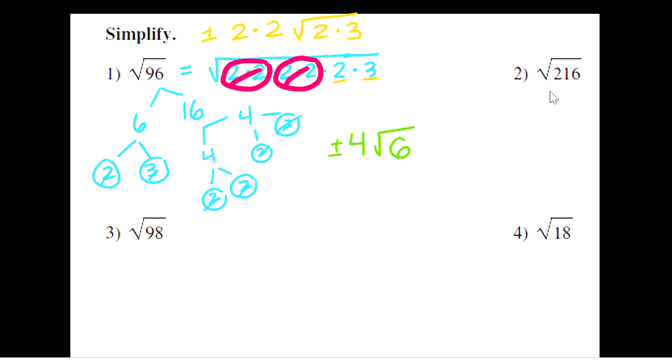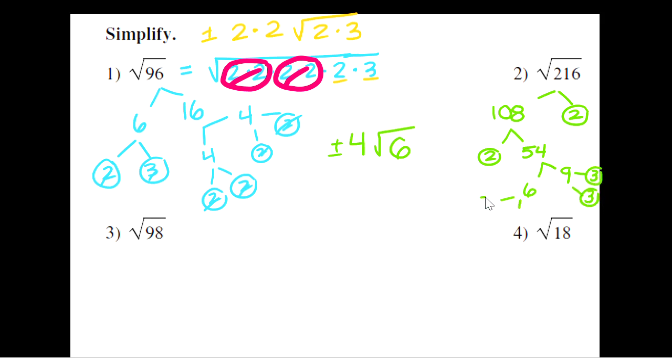For 216, we can break 216 down into, off the top of my head, I'm going to go with 108 times 2. 2 times 54. 54, we can take down to 6 and 9. That 9 is going to become 3 times 3.